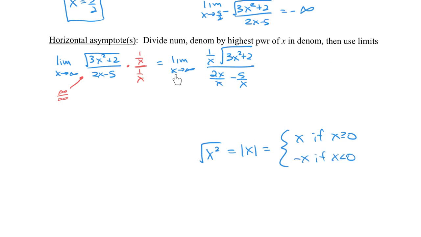For us, x is approaching infinity through positive values, so we are on this branch. On this branch, x is the square root of x squared. So x is exactly the same as the square root of x squared.